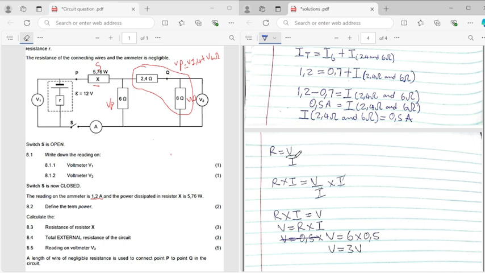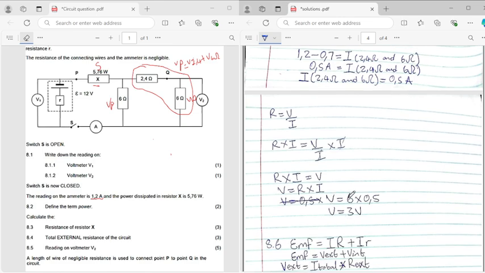We want V, so we remove I by multiplying both sides by I, and then this I and that I will cancel, so I'll be left with Ri on one side, and on the other side I have V, which is what I want. I just swapped them to simplify the equation and make it in terms of V.